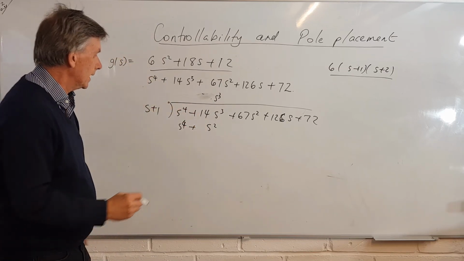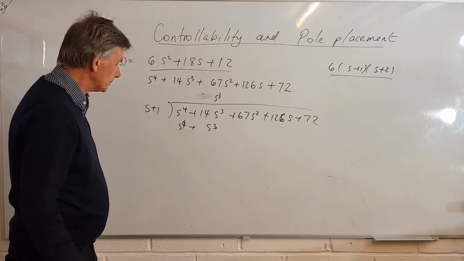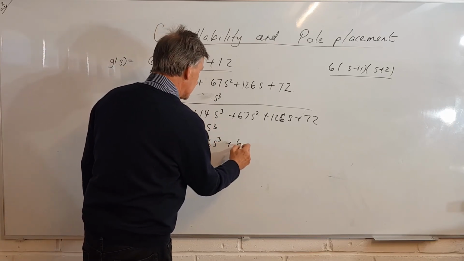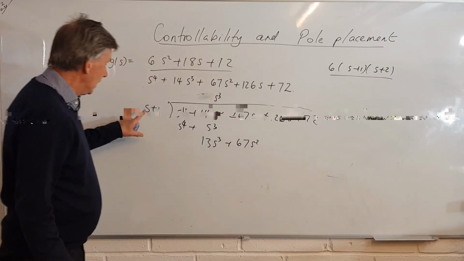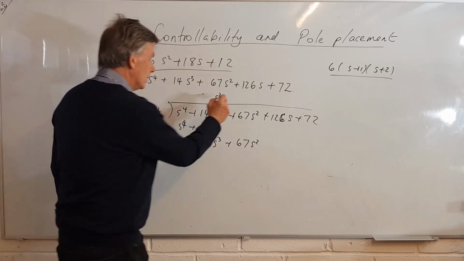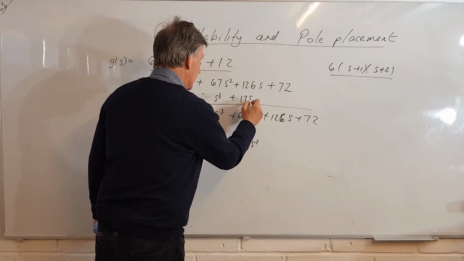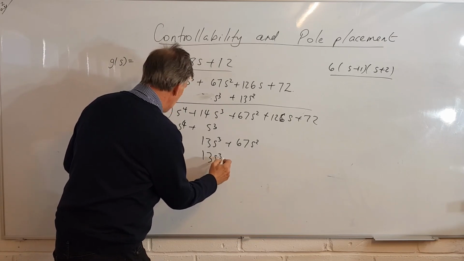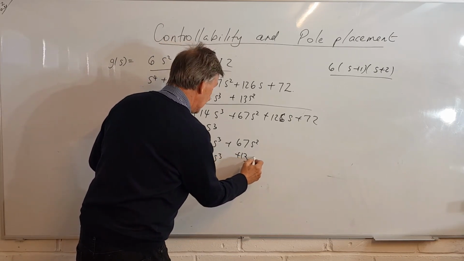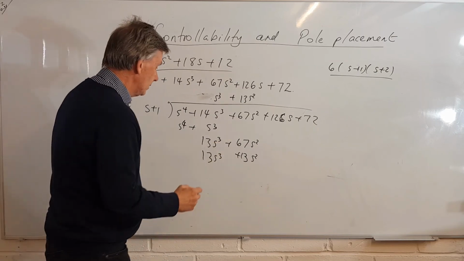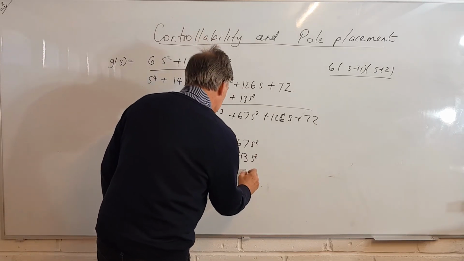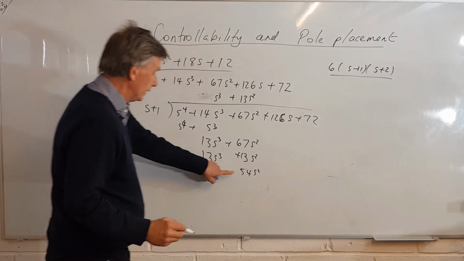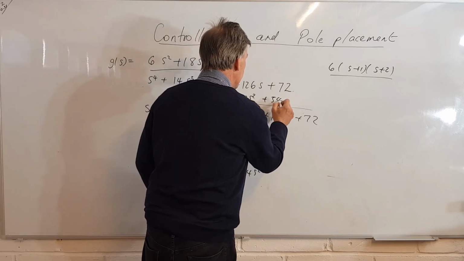When you subtract these, we end up with 13s cubed plus 67s squared. S into 13s cubed goes 13s squared. So 13s squared times that gives us the 13s cubed, and here we have 13s squared. Subtract these two, these disappear. That leaves us with 54s squared.